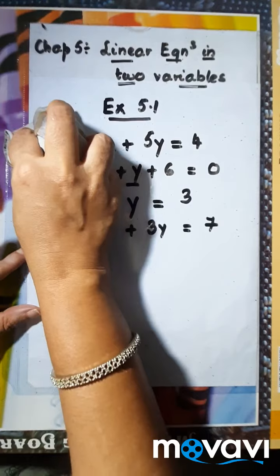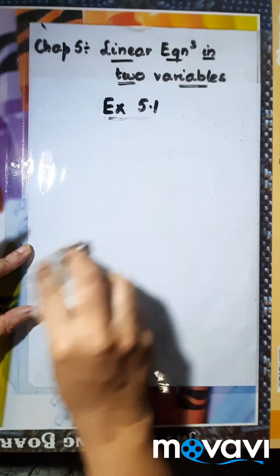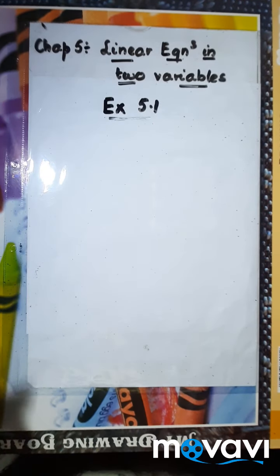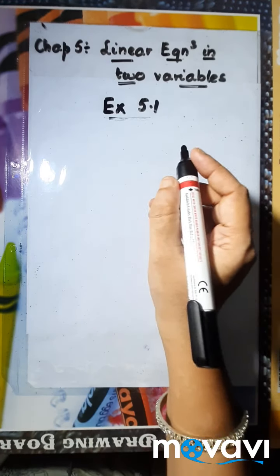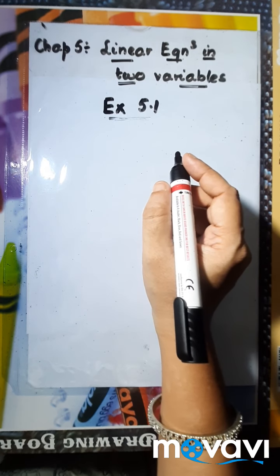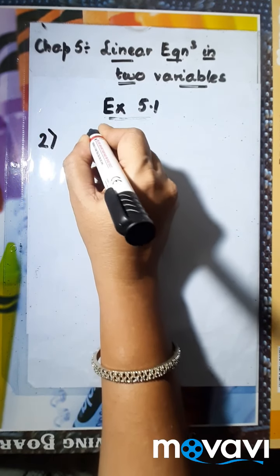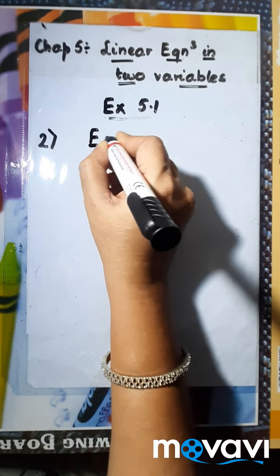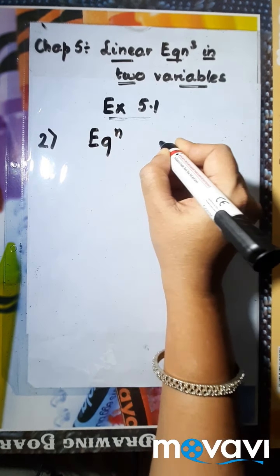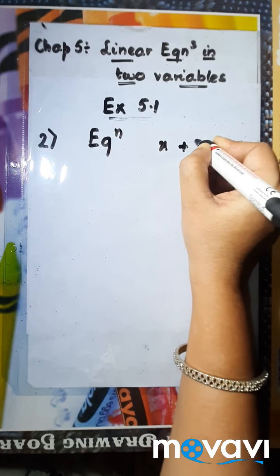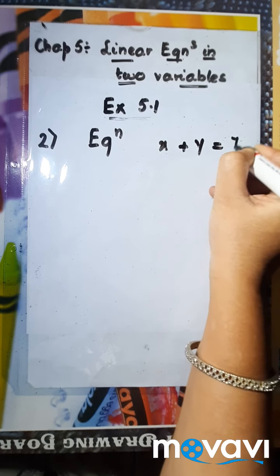Now see the next question, question number 2. The equation given to you is x plus y equal to 7.